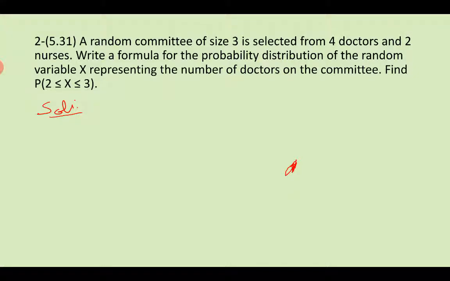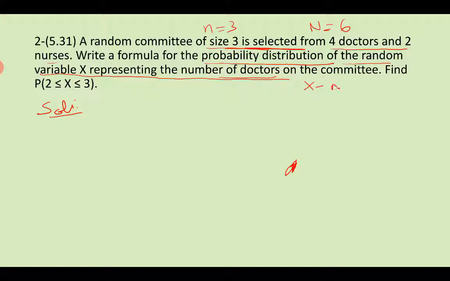What is the question? A random committee of size 3 is selected, a small sample, isn't it? Small n is 3. From 4 doctors and 2 nurses, the big N is 4 plus 2, which is 6. Write a formula for the probability distribution of the random variable X representing the number of doctors.